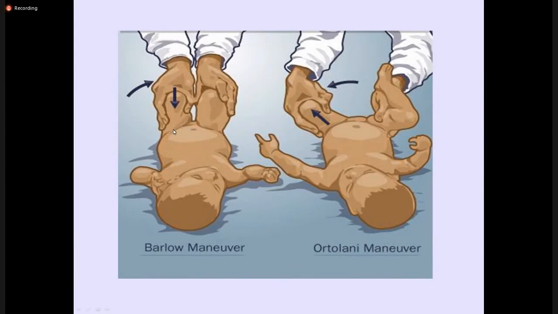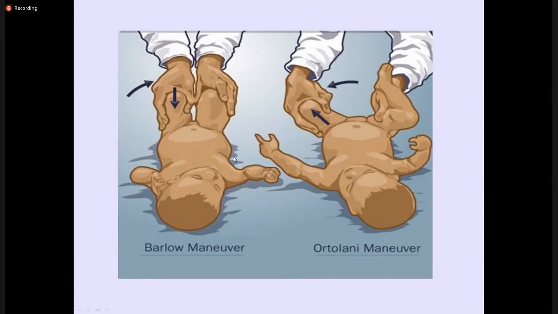The head of the femur slips out of the acetabulum, and it causes a click sound. If you apply pressure posteriorly in this direction while adducting and there is a click sound, it means this is a dislocatable hip. So the Barlow test is for the dislocatable hip.